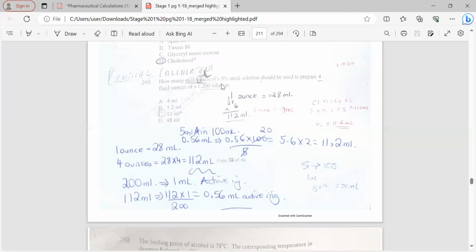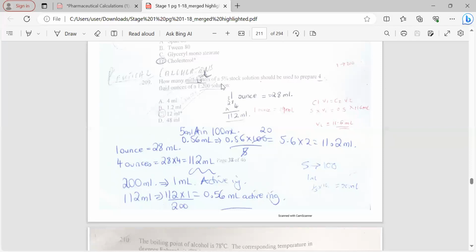Let me explain your calculation well now without breaks. The question is how many milliliters of a 5% stock solution should be used to prepare 4 fluid ounces of a 1 to 200 solution? The first thing is to understand that the stock solution is 5 ml in 100 ml. Now we need to know how much of this stock solution should be used to prepare 4 fluid ounces of a 1 to 200 solution.